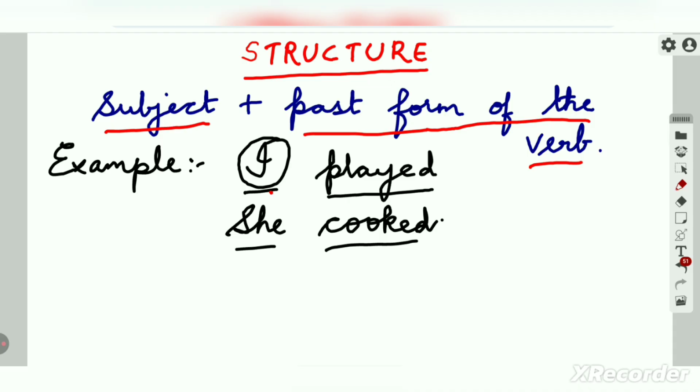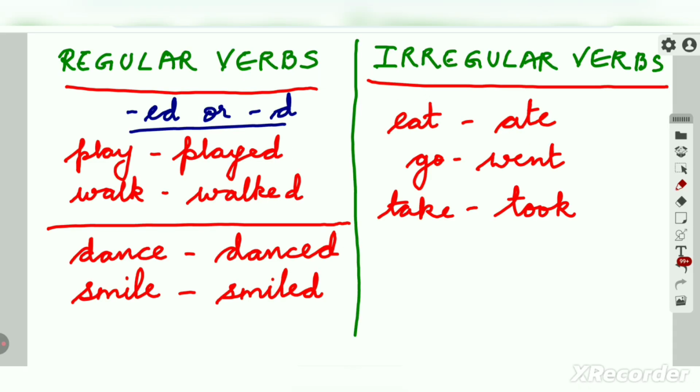Now, how do you change a verb into its past form? For that, you need to understand two types of verbs: the regular verbs and the irregular verbs. Regular verbs are the verbs that form the past tense by adding ed or d, like in play, played. So you have just added ed.